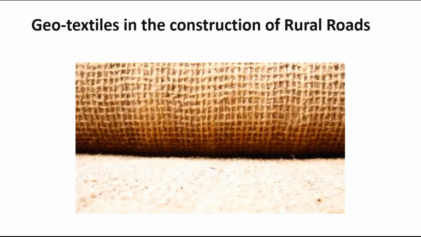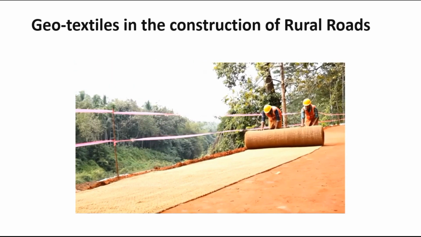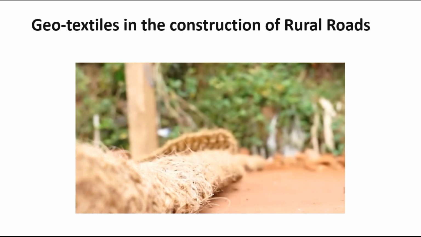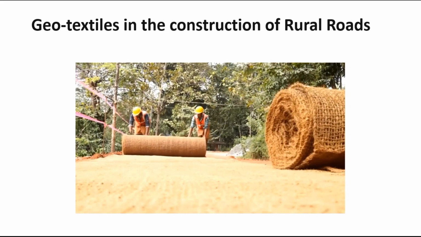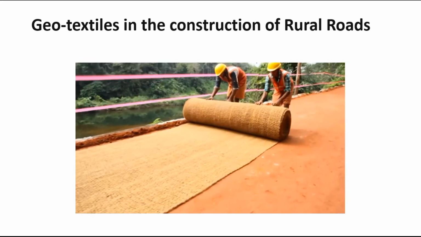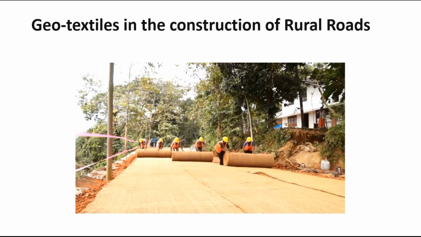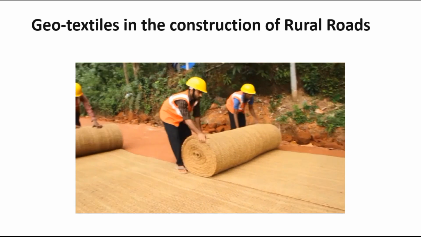Clearing the subgrade is followed by rolling out the first roll of coir geotextile, using one of the edges as reference. The second and third rolls are rolled out in the next stage, maintaining the required overlap.